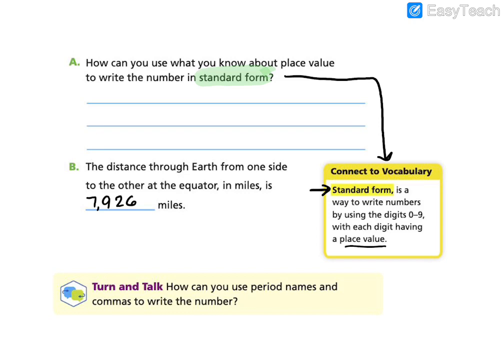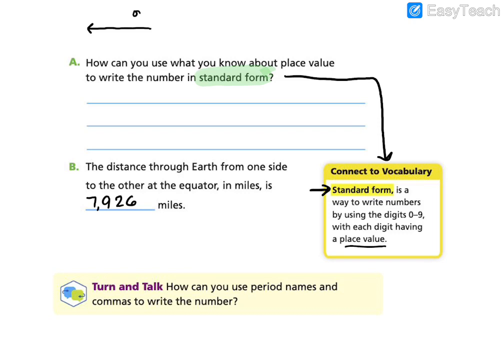Okay, so now that we've written it in standard form, we want to know, how did we use our knowledge about place value to write this? Well, we used that knowledge to fill in the place value chart. We were able to look at the value of each of those blocks and form a digit. The digit with the greatest place value is in that place value position that's furthest to the left. We know that our place value gets greater as we move to the left.